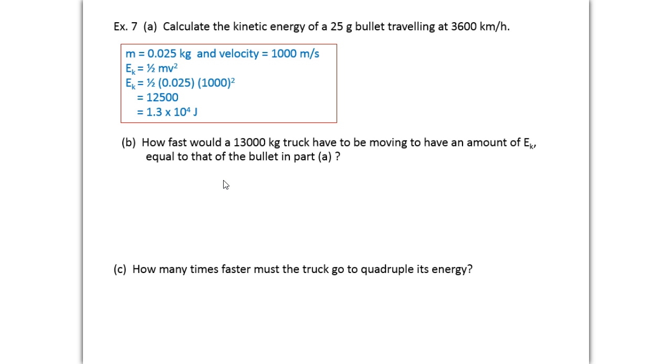Now, how fast would a 13,000-pound truck have to be moving to have the same amount of energy as the bullet? So if you want a 13,000-pound truck, say a small moving truck, to have the same kinetic energy as that bullet, how fast does the truck have to be traveling? So I want you to find the velocity.